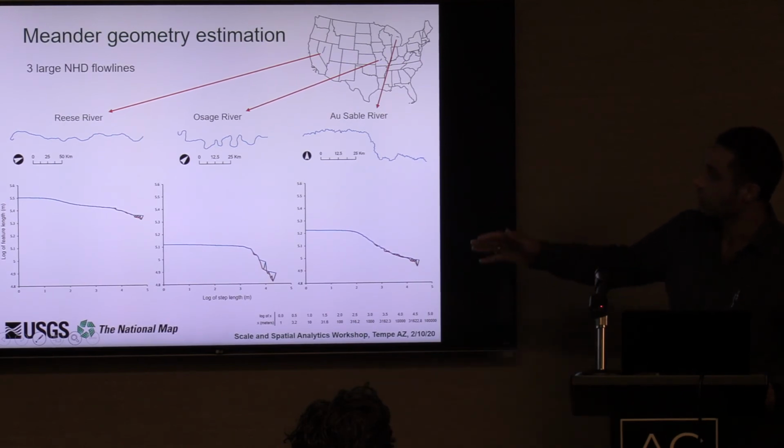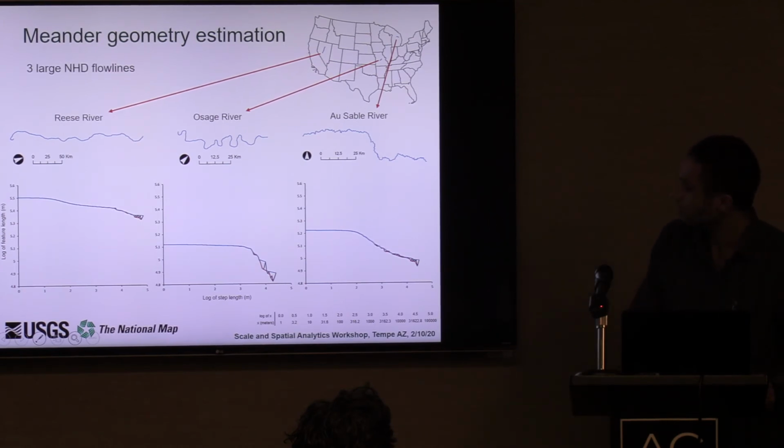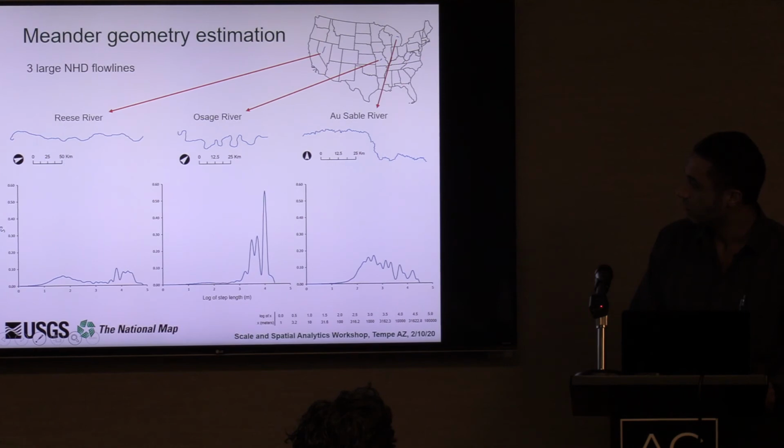So you see very little drop for the Reese River because it's pretty straight, but you also see where the complexity likely happens, and a dominant curve geometry for the Osage River. And this is resolved well in the resulting S3 plots.